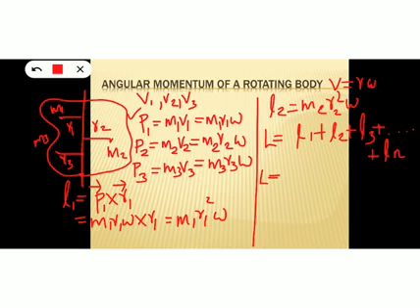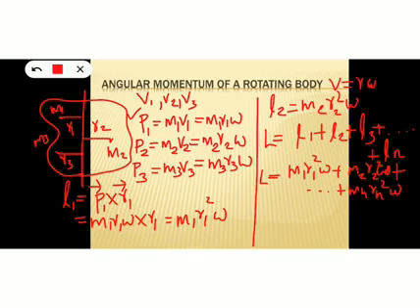So the total angular momentum L is equal to L1, which is m1 r1 square omega, plus L2, which is m2 r2 square omega, plus and so on, plus mn rn square omega. So this is the total angular momentum.